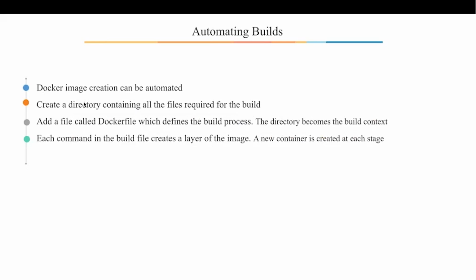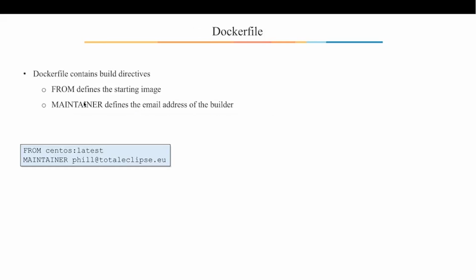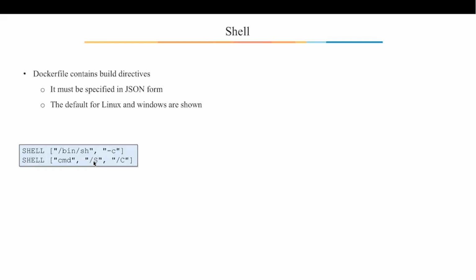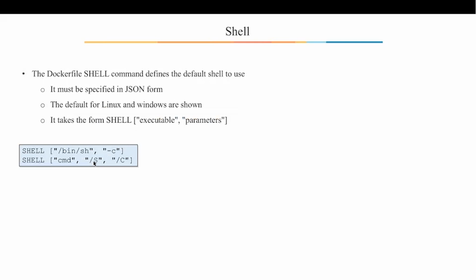So again, you had this build, and in this build, you have this Docker file, which is the starting point, and you have a base image. So you have FROM, which is kind of where it starts from. It says this is the base image. But additionally, you can identify who the maintainer is as well, whoever that may be.